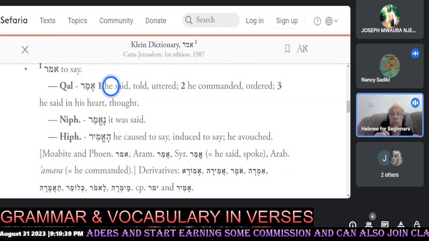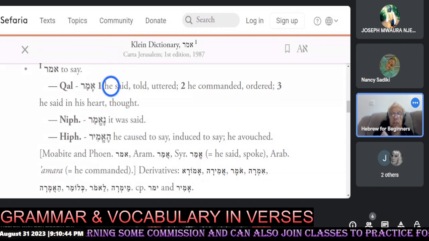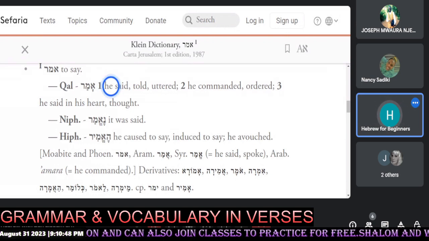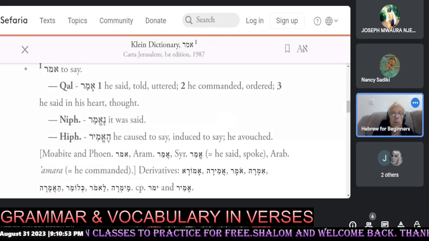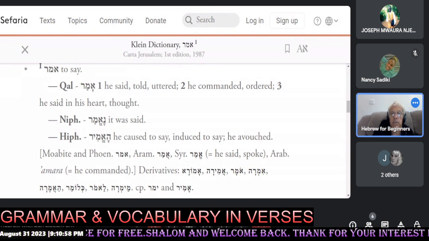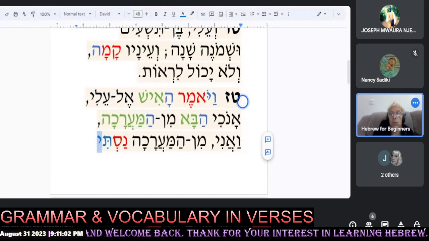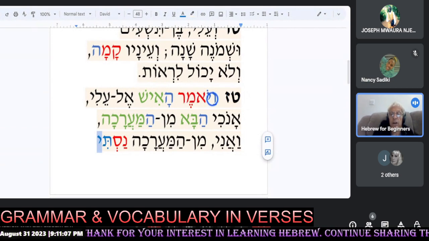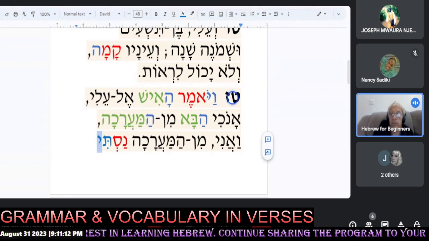Do you have any questions so far on what we've been presenting, or is this fairly clear? This process, basically, is the process of trying to identify the root. So when we have, for example, in our verse from Shmuel, Vayomer, we know that the va is a prefix that means and, so we can get rid of the va.